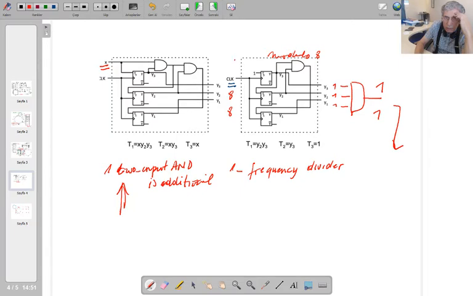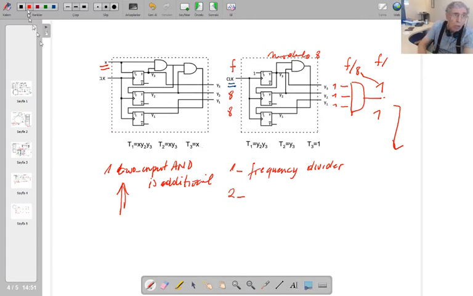If the clock pulse frequency is f, then this frequency is f divided by 8. So that is the frequency divider. The second thing, you might consider this as a division circuit. In the division, for each 8 you get a 1 here. How many 8s are there in it is the counting of these ones, isn't it?